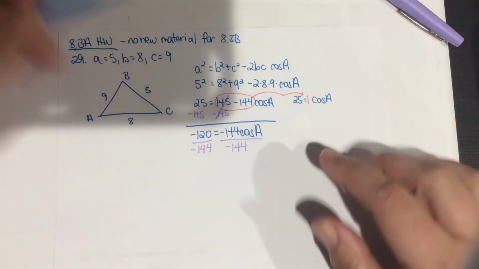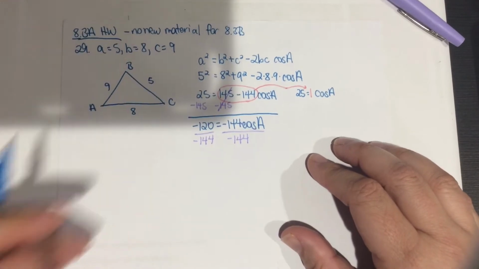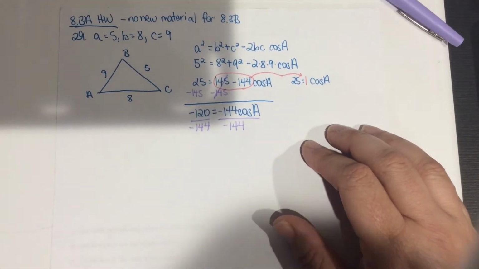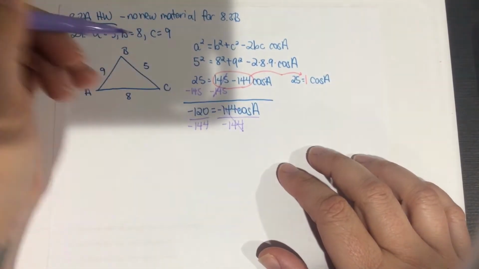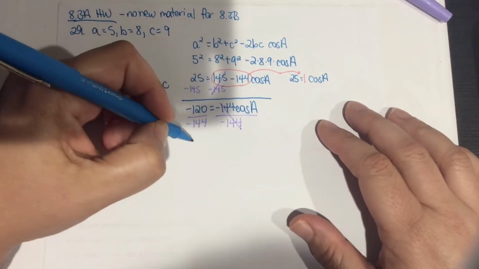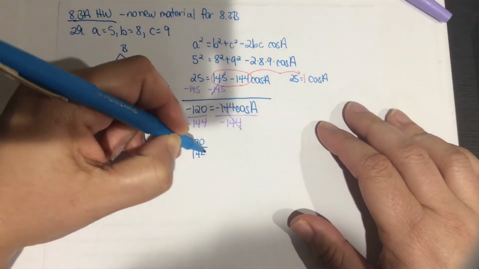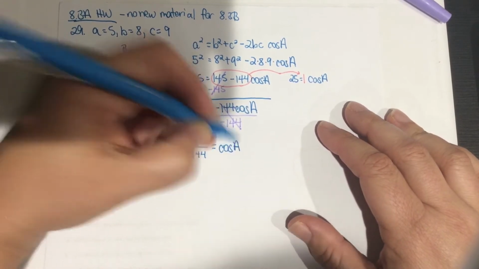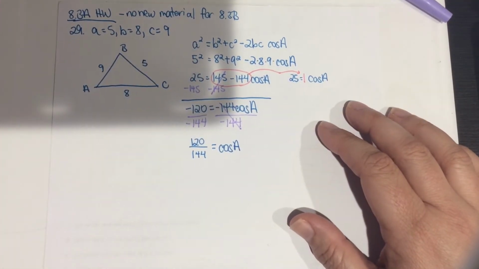And I said this last time, I don't care about reducing this fraction, because I'm just going to punch it into my calculator anyways. So that goes away. The negative and the negative I am going to get rid of just because I don't want to waste my ink. And that's going to be equal to cosine of A.